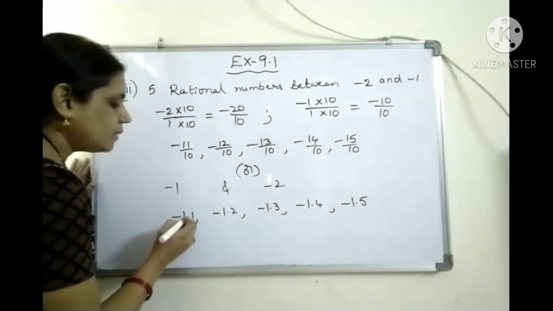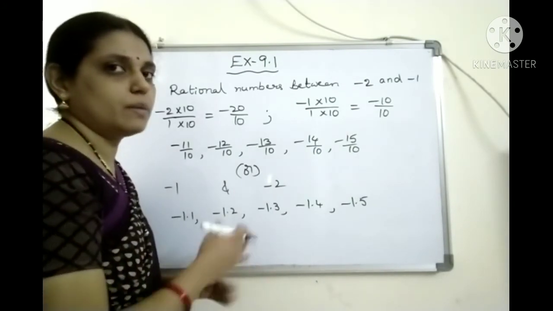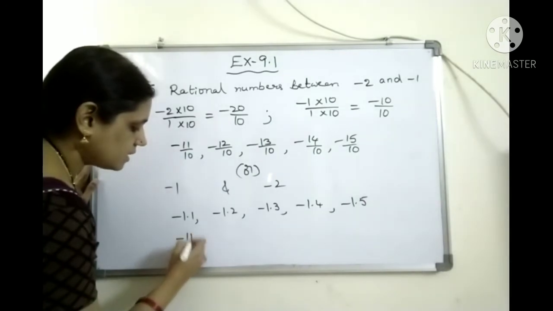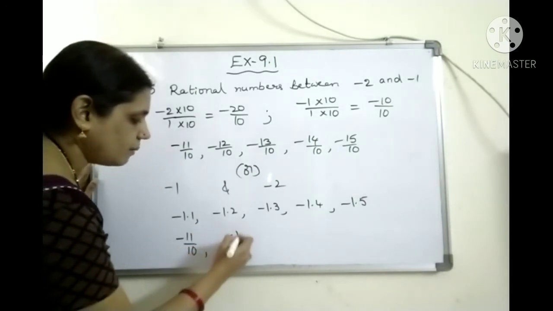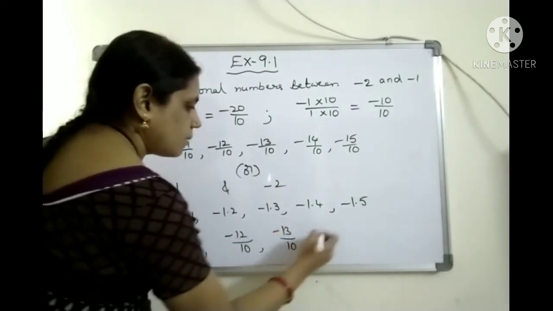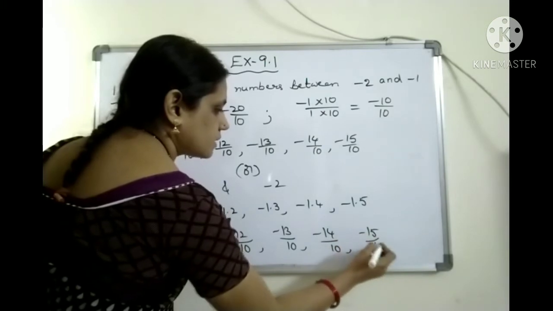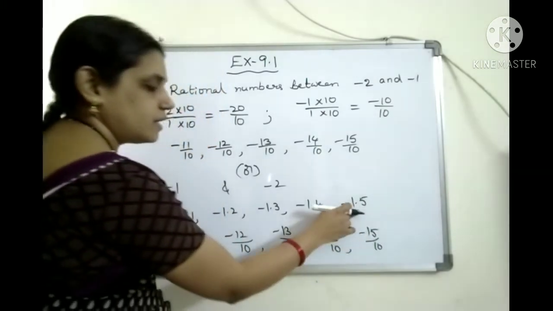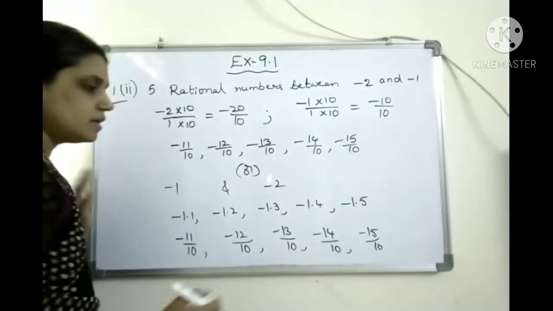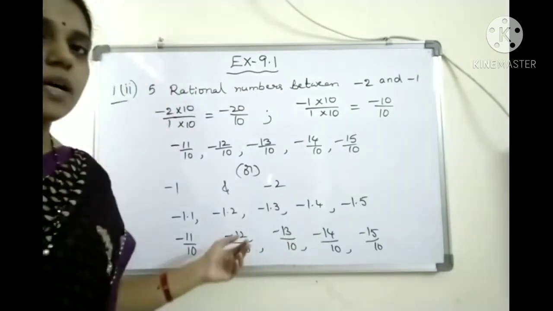We can leave it in this way also, but better you write in P by Q form. The same -1.1, how can we write? -11 by 10, -12 by 10, -13 by 10, -14 by 10, -15 by 10. Here how to remove the decimal? By dividing with 10. So -1.5 means -15 by 10. So in that way you can write. Okay, this is also another method.